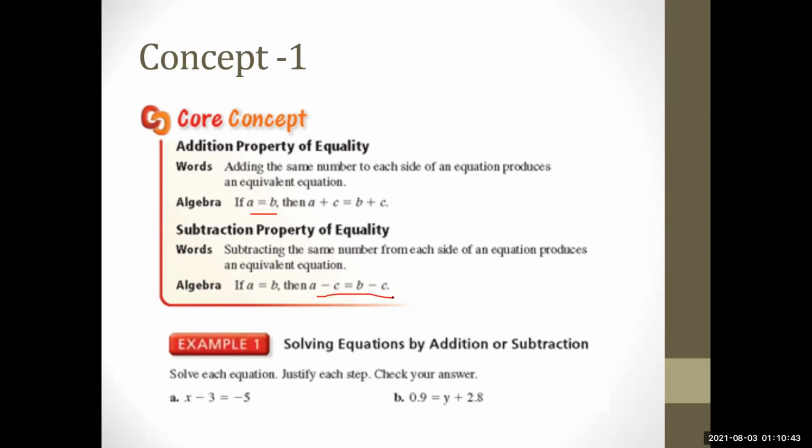So we can quickly check by solving these examples. Let me start with the first one for you. x minus 3 equals negative 5, right? So what's the value of x? Can someone quickly tell me? Negative 2. Great. So x is negative 2 here. Suppose let's add a constant on both sides of the equation.